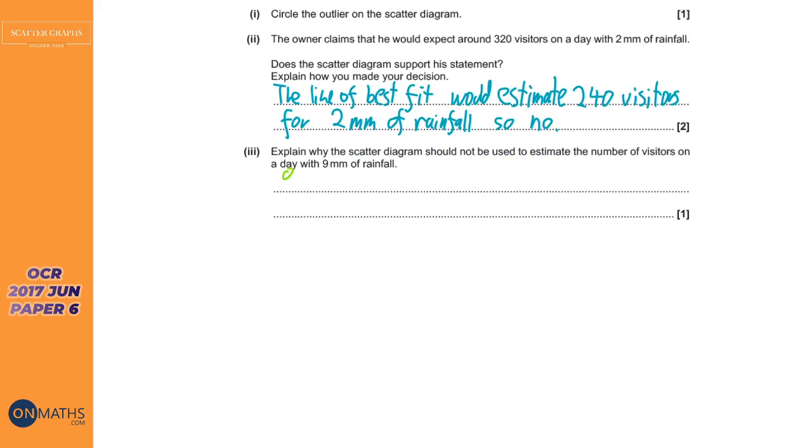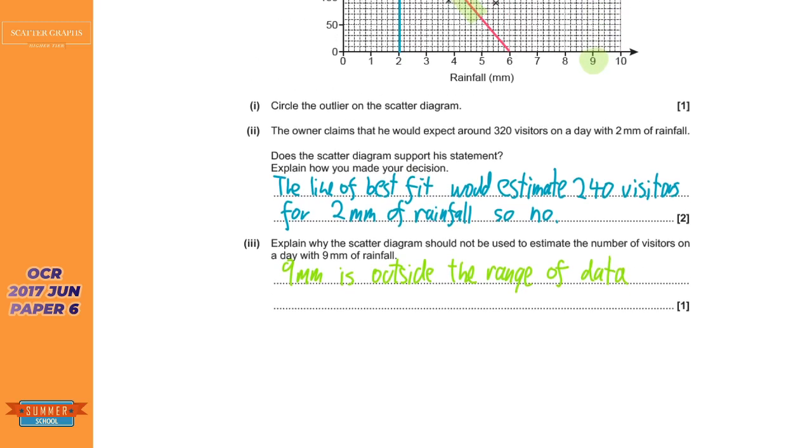So 9mm is outside the range of data. And we could say something like, therefore this is extrapolation, so unreliable, or words to that effect.